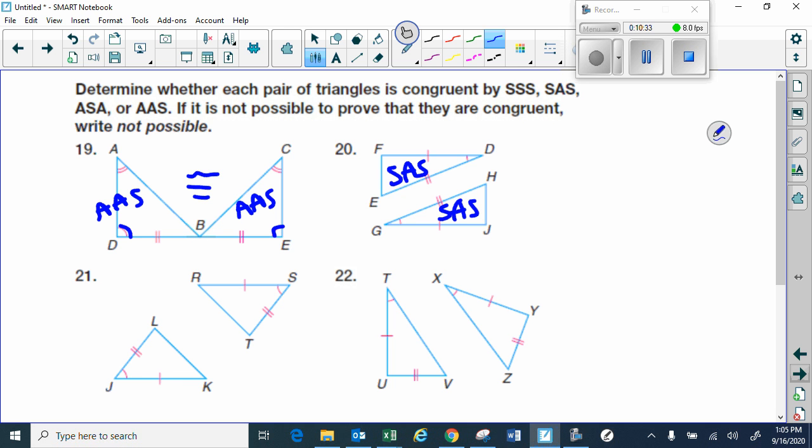So they're justified congruent by SAS. Here we have SAS, and the bottom one is also SAS. And again, the same number of hash marks, so that means they correspond to the same number of arcs. So these are congruent by SAS. Here we have SSA. Remember, there is no such thing as SSA, so not possible.